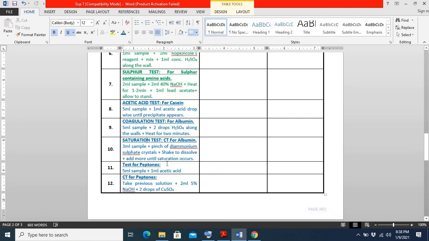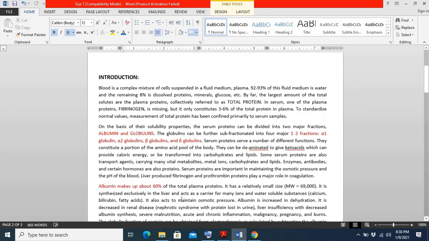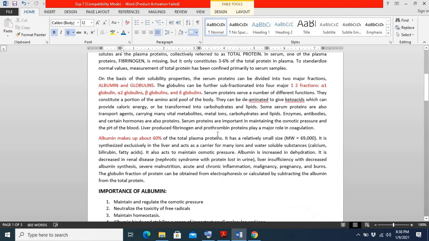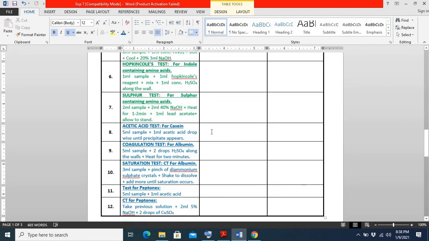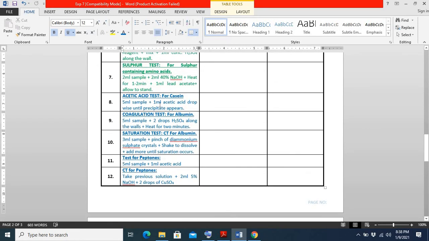The objective of our experiment is to qualitatively analyze the presence of a protein in the sample. So what protein? Peptone. If the sample contains peptone, all these tests will come negative, and only tests 11 and 12 will come positive.